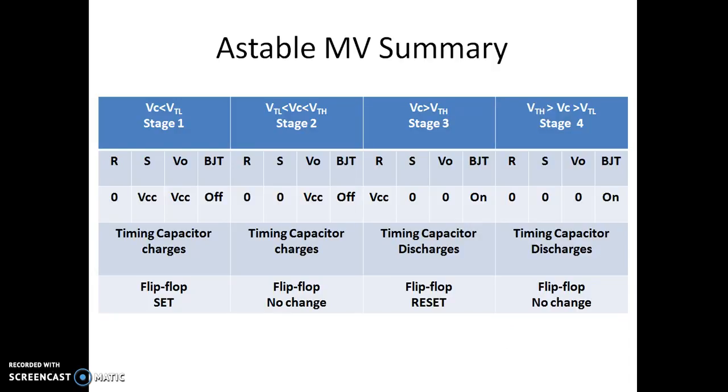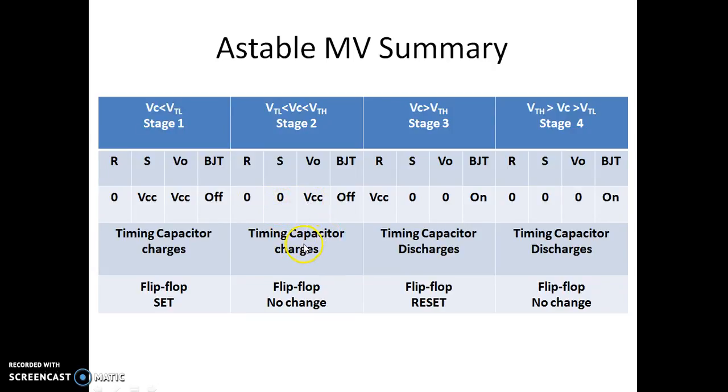The operation is quite simple. Suppose the capacitor voltage is less than VTL, then set is high, then the output is also high. So the transistor is off, and the capacitor is charging towards VCC. On its way to VCC, as soon as the voltage goes above VTL, both R and S become 0, meaning the output remains in the previous state.